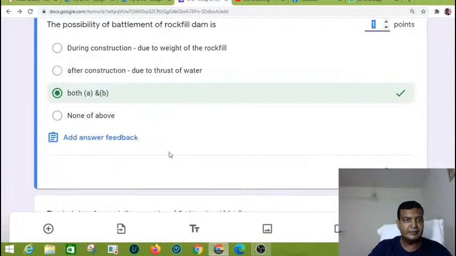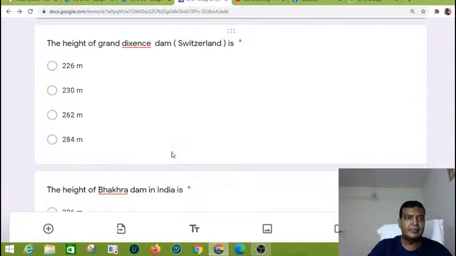The next objective. The height of Grand Dixon Dam in Switzerland is. So now onwards the objectives of gravity dam start. The height of Grand Dixon Dam is. Write your opinion in chat box fast.